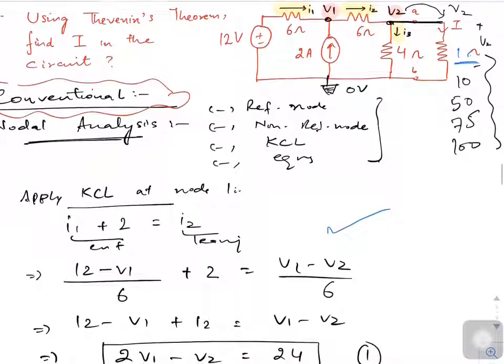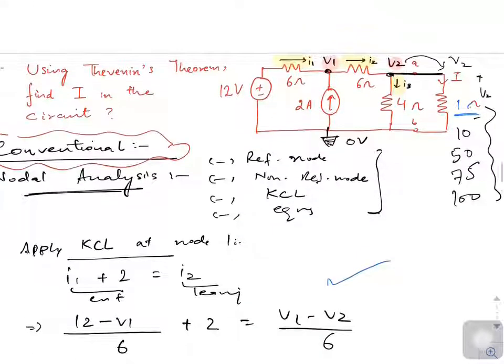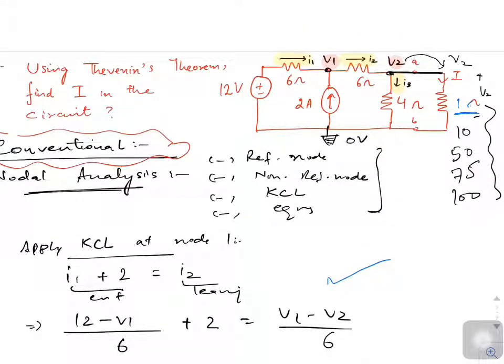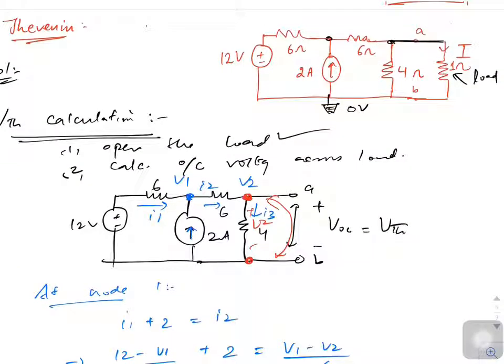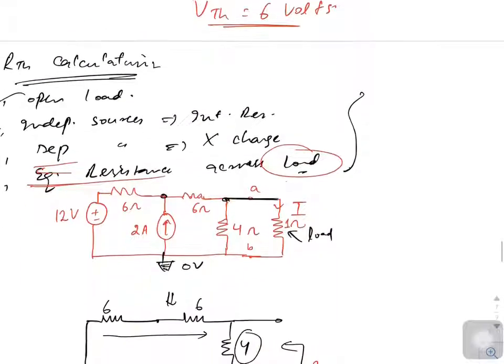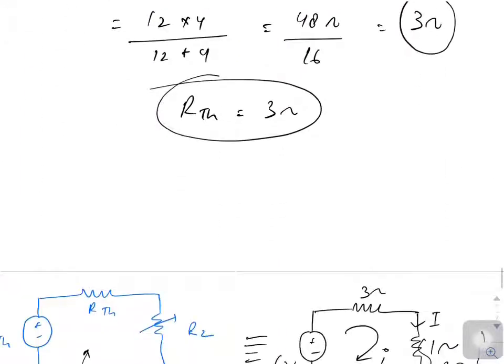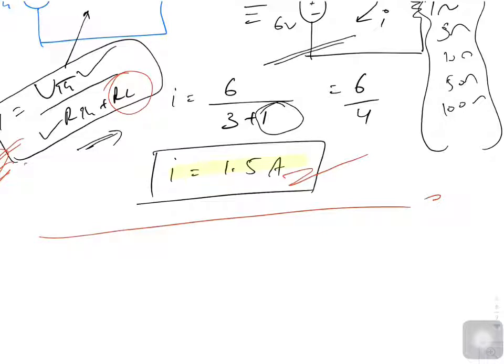If you look at our previous videos, we have solved this problem first with the conventional method, where we had to find the value of current I, and we got our answer as 1.5 ampere. Then we solved this question using Thevenin's theorem, and we got the answer as 1.5 ampere again.